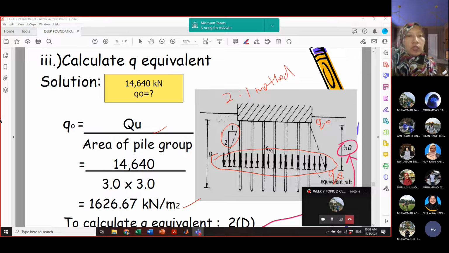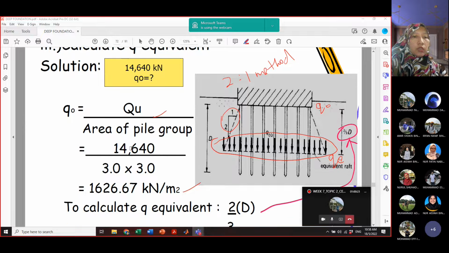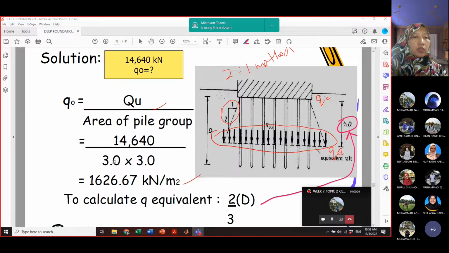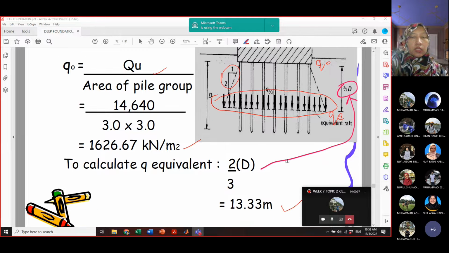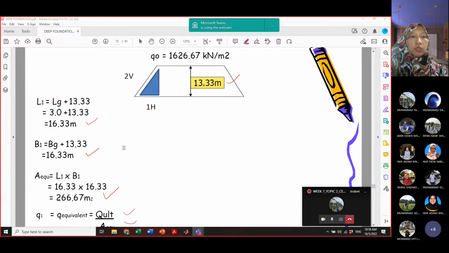Okay, first of all, you kena dapatkan initial Q dulu. Initial Q sama dengan group ultimate bearing capacity bahagi dengan area of the pile group. So kita dapat 1626.67, and then we want to estimate the effective depth of these stress distributions, which is 2/3 of D. So kita akan dapat dia punya kedalaman tu adalah 13.33 meter.